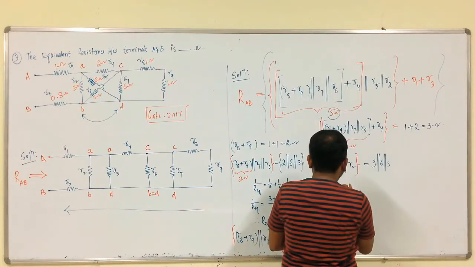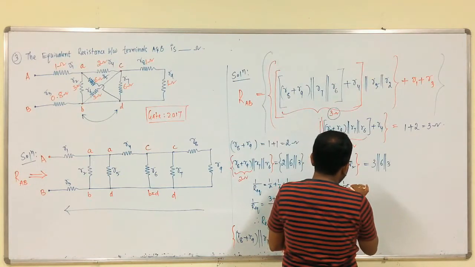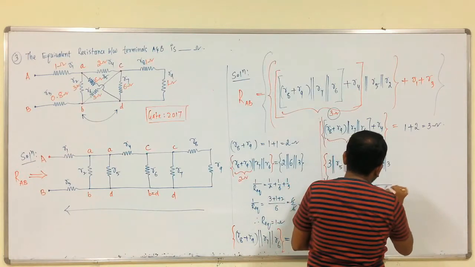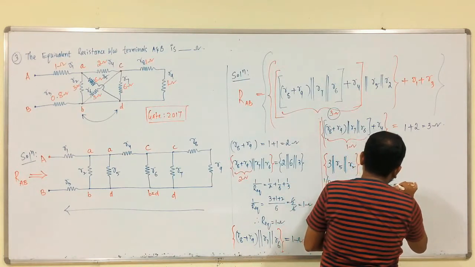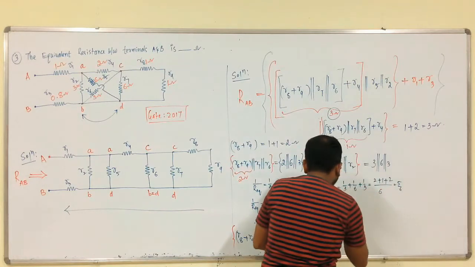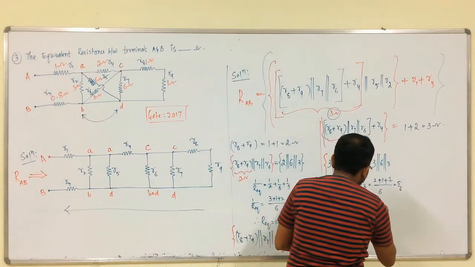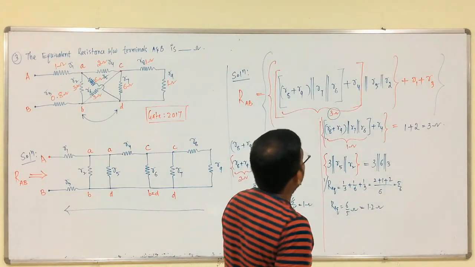So, R equivalent: 1 by R equivalent equals 1 by 3 plus 1 by 6 plus 1 by 3, which is equals to 2 plus 1 plus 2 by 6, which is 5 by 6. Therefore, R equivalent is 6 by 5 ohms, which is equals to 1.2 ohms.